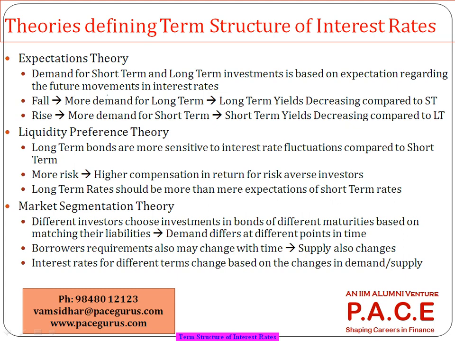What it says is, whatever the interest rate, short term or long term, different people have different expectations about the short term and the long term interest rates depending on their historical movement, on their experience, on various conditions. Various market participants have expectations about the future interest rates. Let's say if the interest rates today are very high in the market, there may be a large section of people who expect that the interest rates will go down in future.